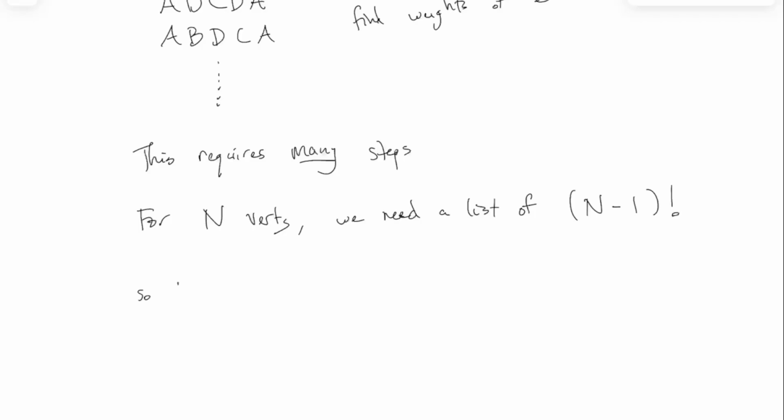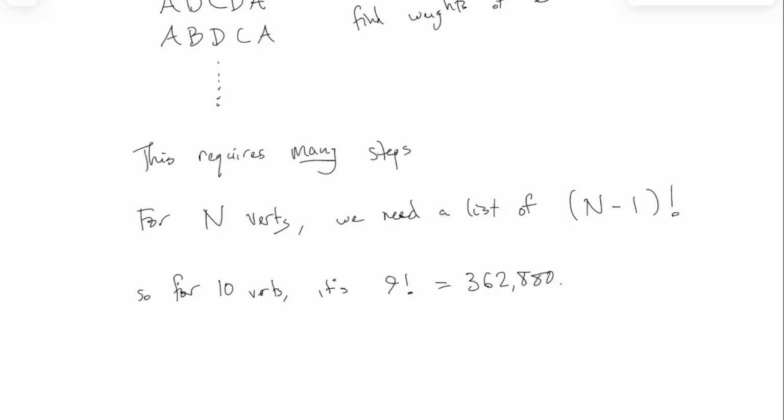So like for, say, 10 vertices, it's 9 factorial, which I plugged into a calculator. Most calculators don't even have a factorial button because the answers are so big, but this is 362,880. So if you had 4 vertices, there are 6 of them, which is not a big deal. But if you had 10 vertices, it's this many, 300,000.